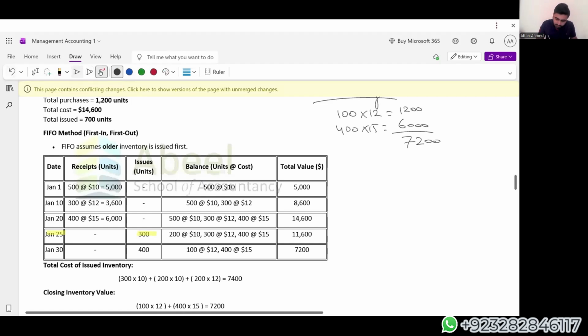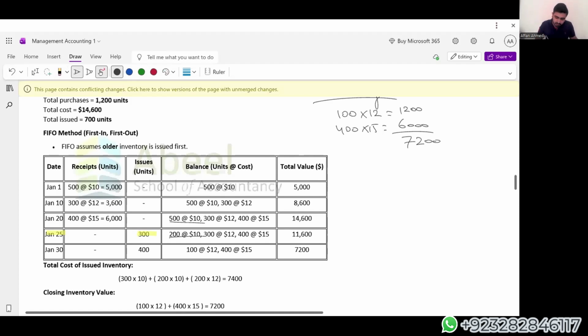We had 500 units at 10 at the starting of this transaction. On the transaction event, we have reduced 300 from the price of 10 that we have issued. Here we are basically just seeing the remaining balances that are present. So 200 units at the price of 10, 300 units at the price of 12, and 400 at the price of 15. So that's it. Then we are going to just use the last 400.